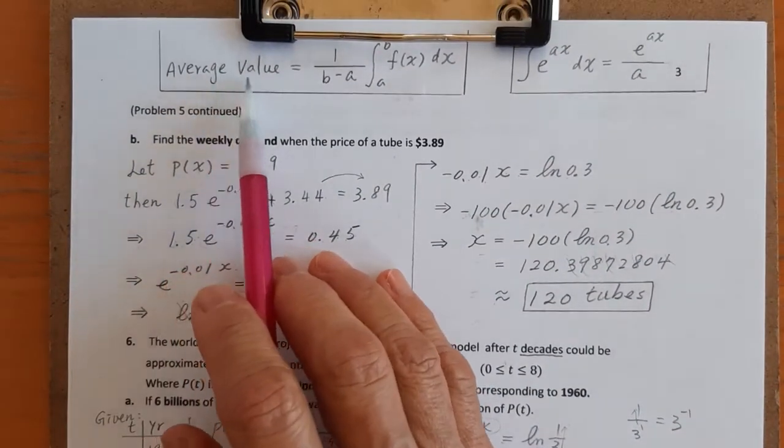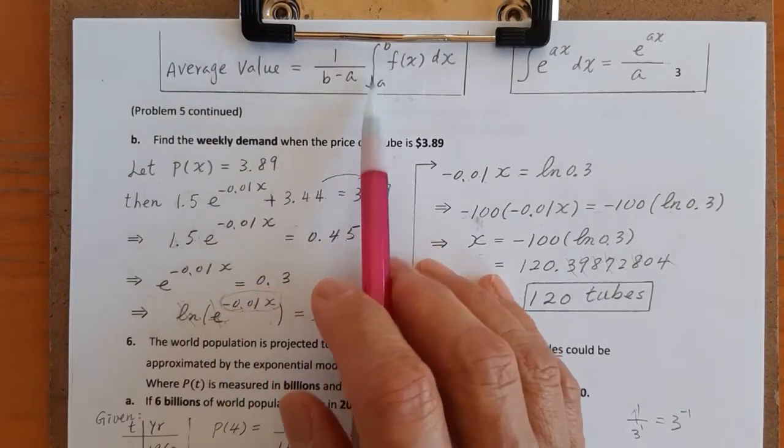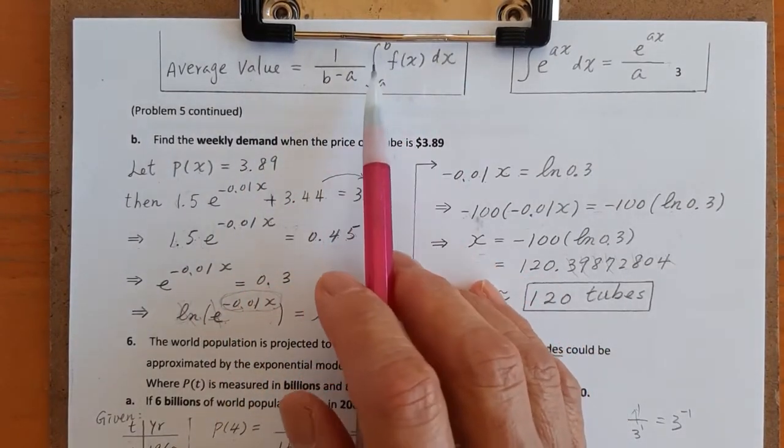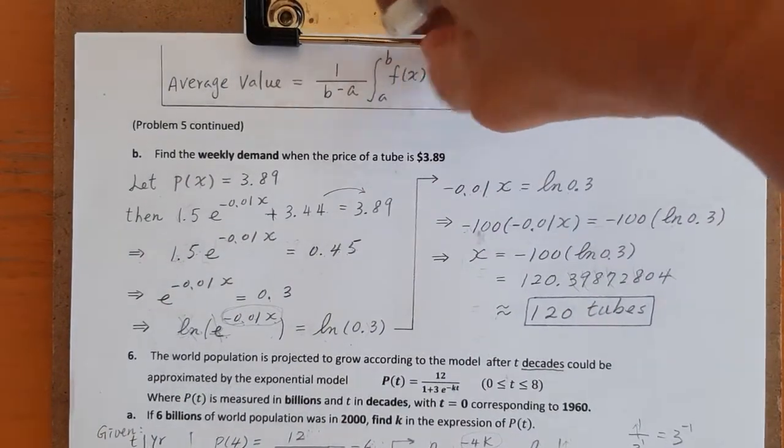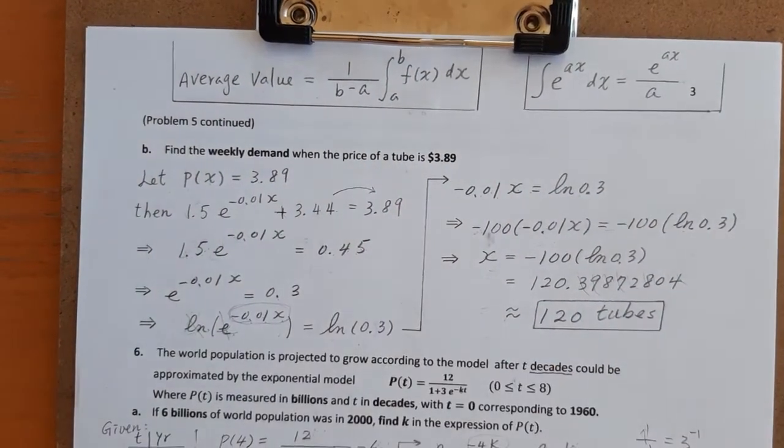The formula is this one. Average value is equal to the integral of the function from a to b, divided by b minus a.